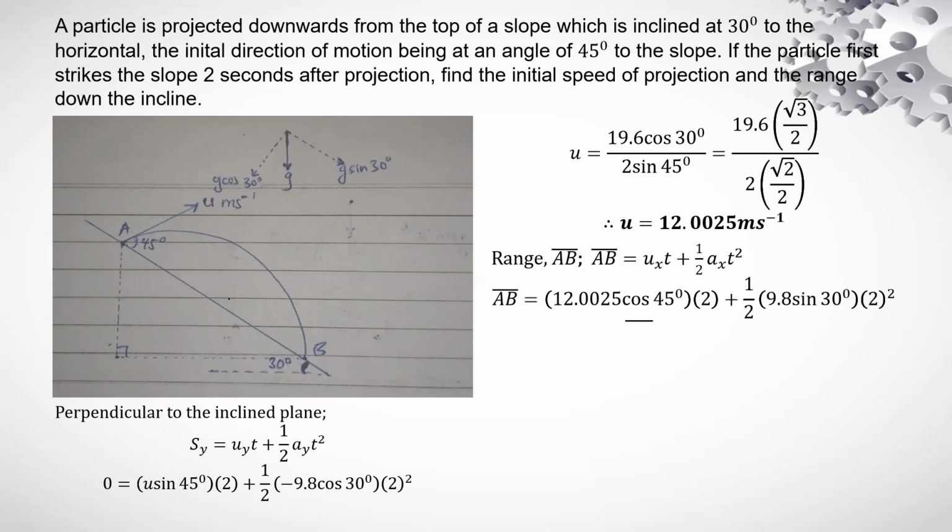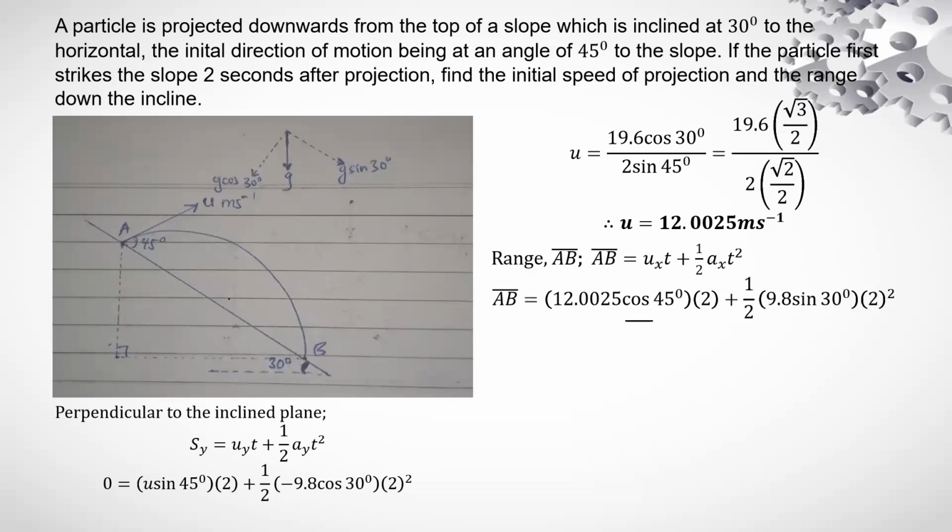You resolve u to obtain 12.0025 cos 45 times 2 plus a half into 9.8 sin 30 degrees times 2 squared. But a_x is positive because the body is moving downwards along AB, and that is the direction of the component of gravitational force, g sin 30 degrees.